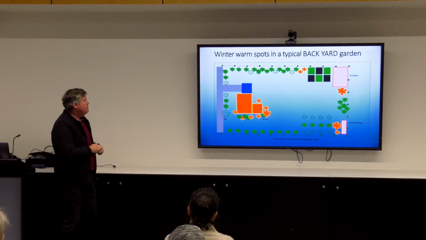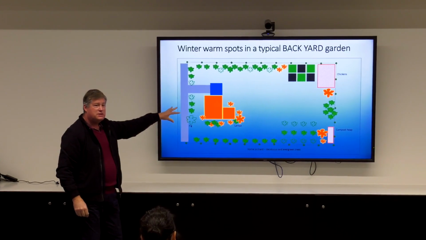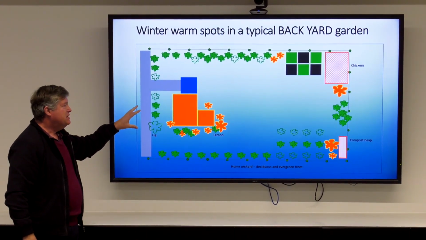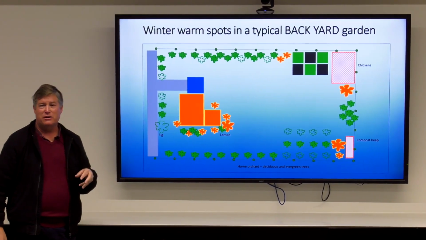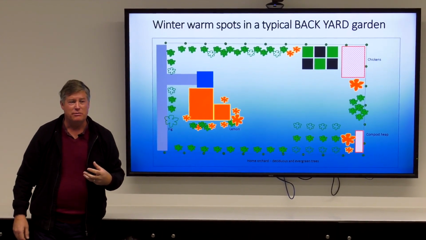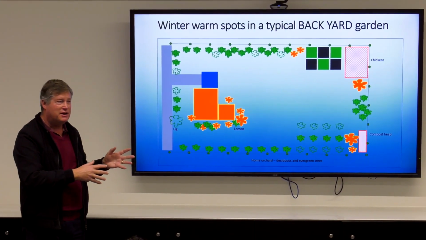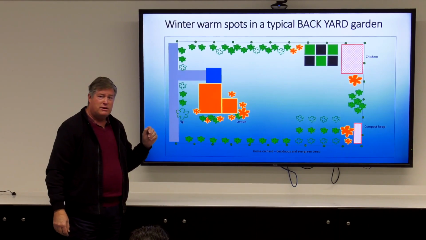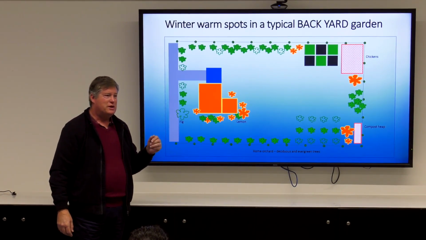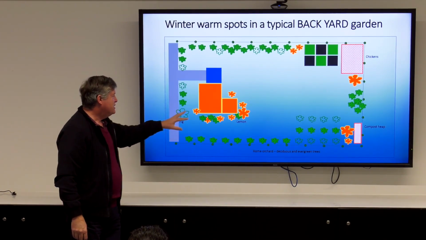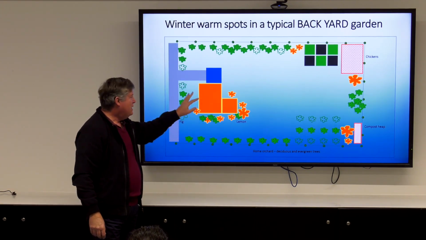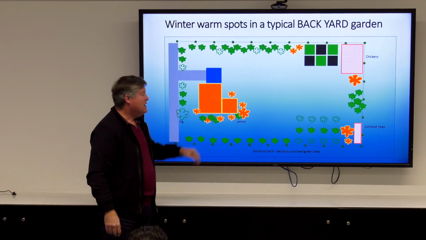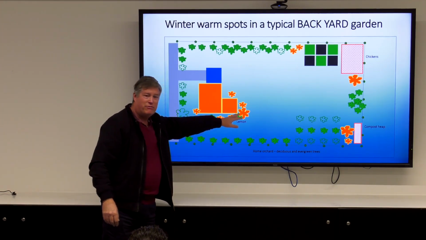So in the winter time, there are warm spots in the backyard. And I'm describing this situation to also include commercial growers too, because most commercial growers have a house yard with maybe a few fruit trees in it. But it's not really the fruit on the fruit trees that we're looking at in the winter time. We're just looking at the canopy and the warmth. So if you've got like a lemon near the house, it'll be a warm haven for fruit flies.